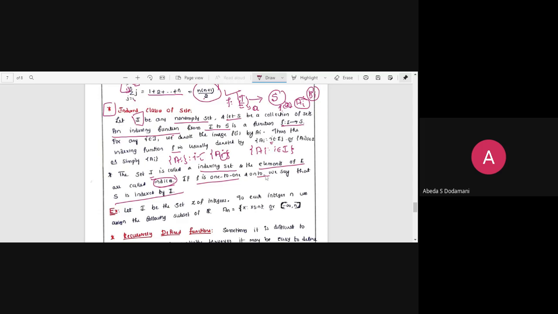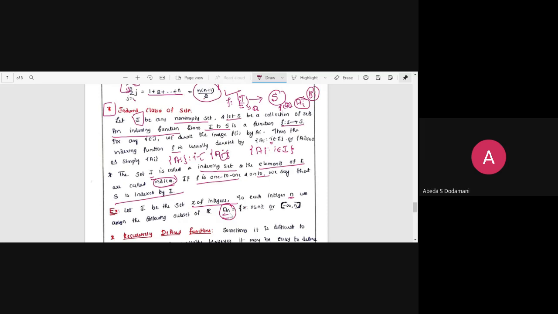Here, let I be the set Z of integers, both positive and negative. For each integer n, we assign the following subset: A_n is the set of x such that x is less than or equal to n.